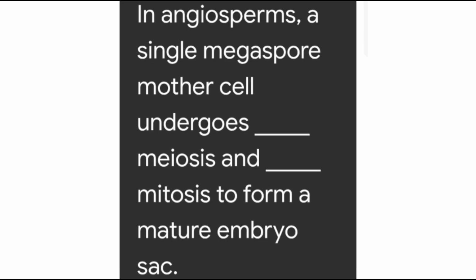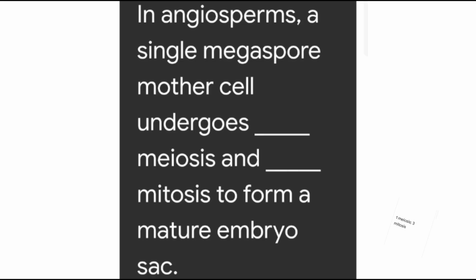In an angiosperm, a single megaspore mother cell undergoes how many divisions of meiosis and mitosis to form a mature embryo sac?